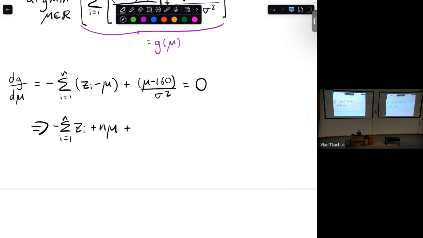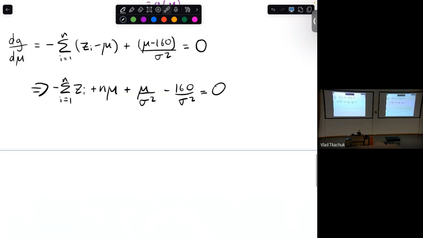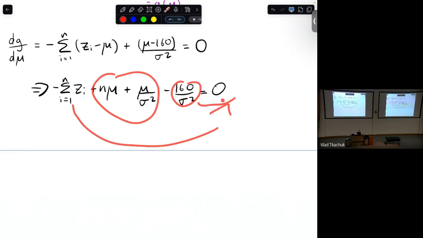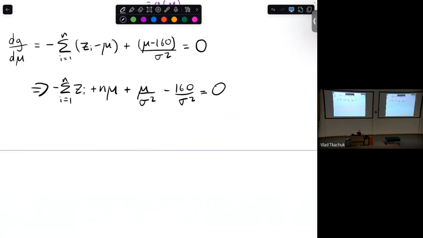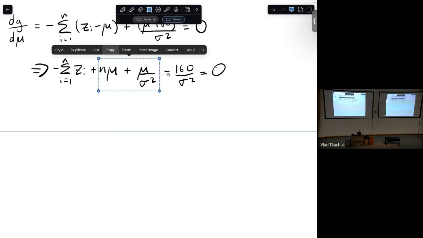Plus mu over sigma squared, right? I'm just doing this over this, and then I'm going to do minus this over this. Minus 160 over sigma squared. Set that to 0. Now I keep the mu terms on the left-hand side, move these guys to the right-hand side, and I end up with this.